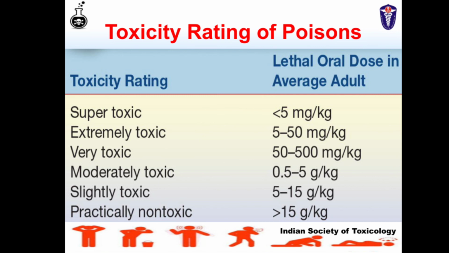A lot of controversy also, but it is a fairly good kind of classification to at least say approximately whether a particular chemical is highly toxic, or we need to be very concerned if it is seen in a patient as exposure, or is it something that is not all that toxic. So maybe you can take a look at this table in detail and find out what is meant by a super toxic poison, what is meant by a practically non-toxic poison. But again, I emphasize there is no such thing as a completely non-toxic substance.